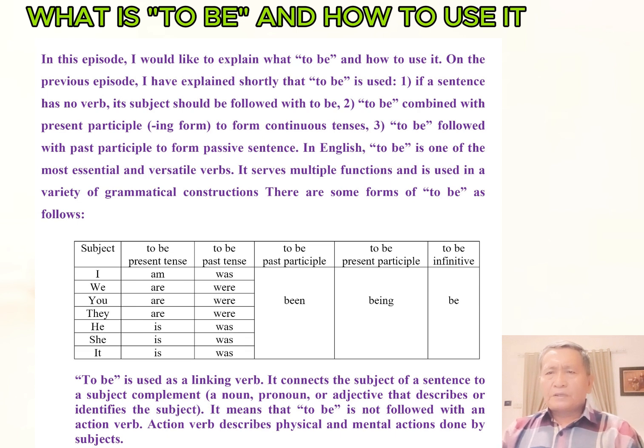To be in past tense is was or were. I was, we were, you were, they were, he was, she was, it was.